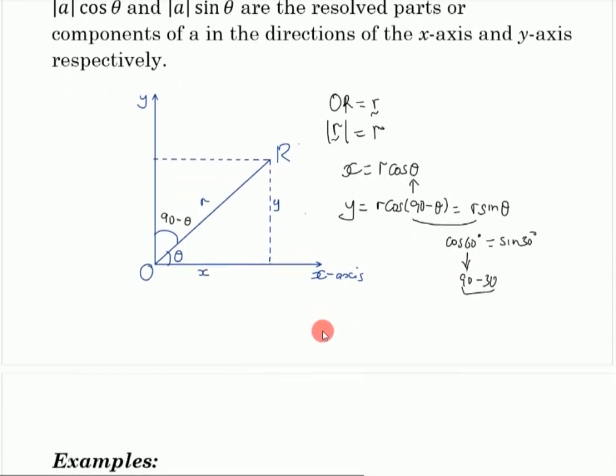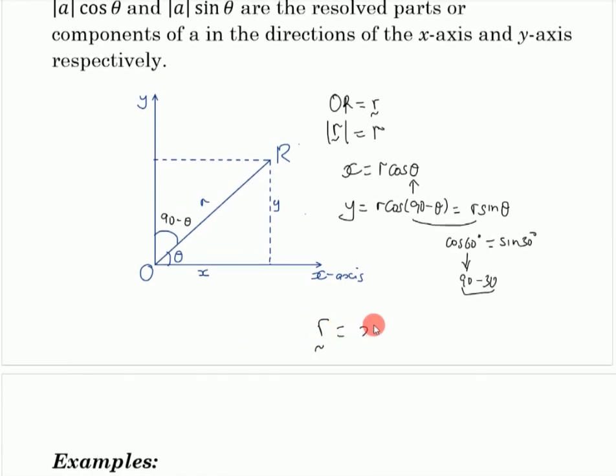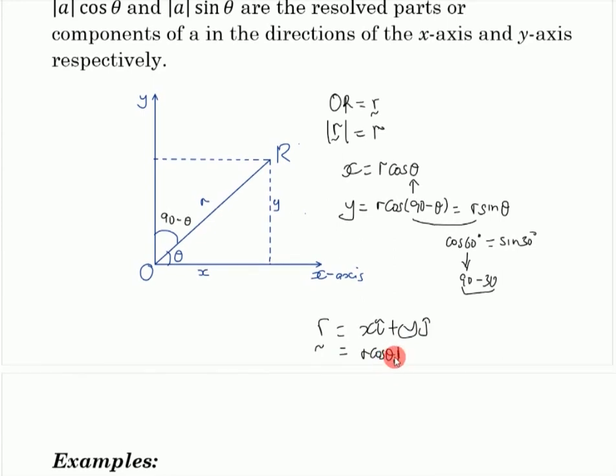And the vector r can be written in the form xi plus yj, and x is r cos theta. Now this one is i.